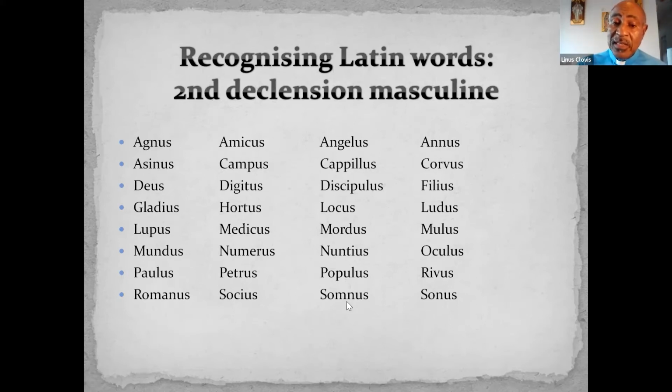Somnus is the next. Somnus. People do that when they sleep in. So ambulant, they walk in their sleep. Ambulare is to walk. So sleep is somnus. And sonus, sonic boom or sound, sonus.